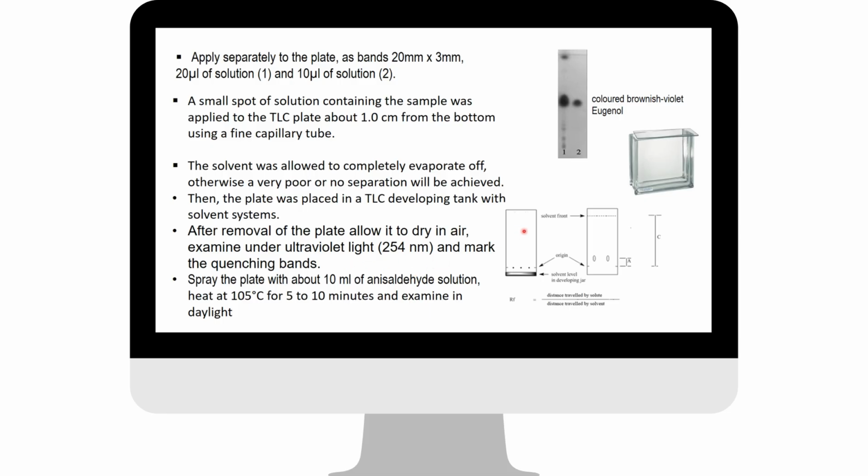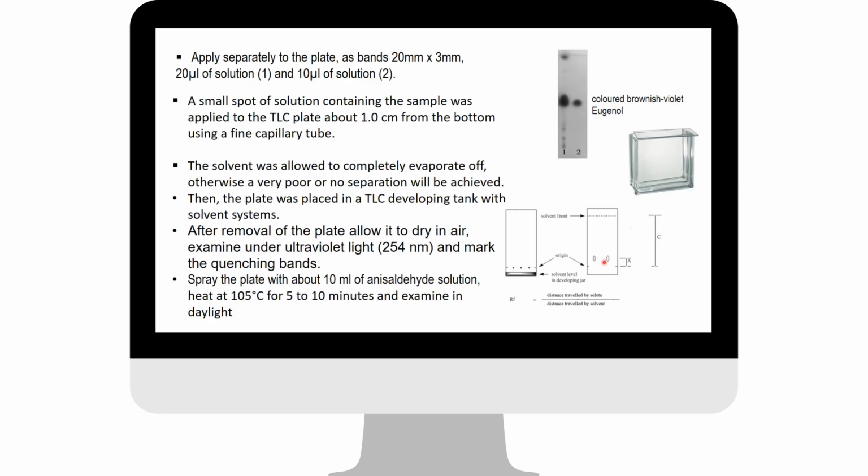Now, in the test sample we can get so many bands, but in the standard we will have only a single band. Our task is to know whether the test sample has eugenol. If the test sample spot Rf value matches the standard, that means the test sample has eugenol. How could we calculate the Rf value?